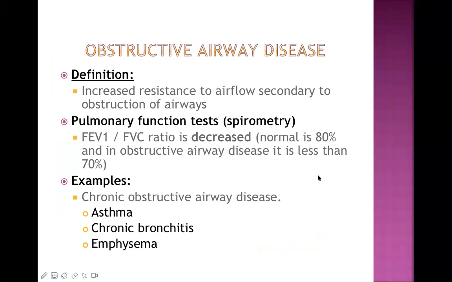Now, this obstruction mainly occurs during the expiratory phase. Ventilation has two phases, inspiration and expiration. More resistance occurs during expiration in case of obstructive airway disease. That's why the air remains inside the lung. Now, what will that air do to the lung? It will make the lung bigger in size.